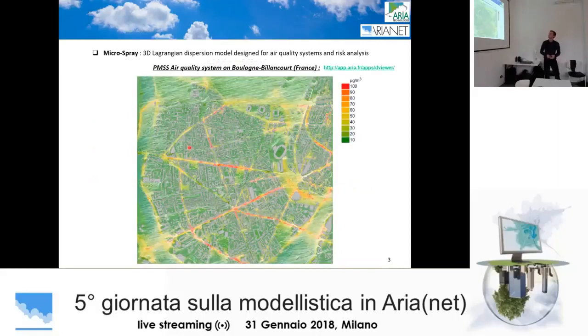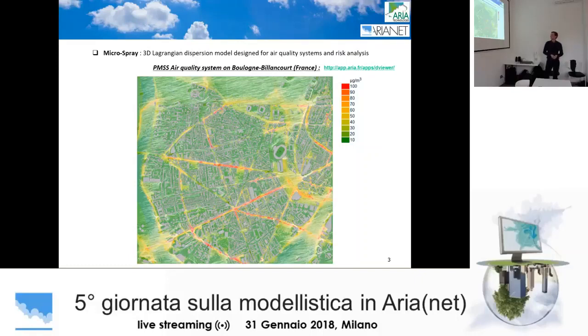So Parallel Microspray is a three-dimensional Lagrangian dispersion model, also designed for air quality systems and risk analysis in urban domains. Basically, this model is computing the dispersion of pollutants generated by traffic emissions or punctual accidental releases.